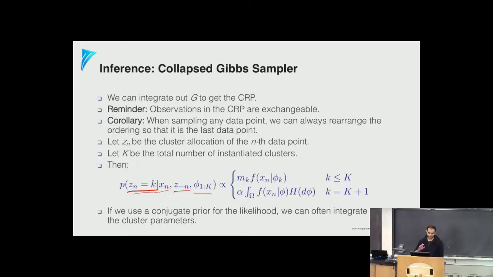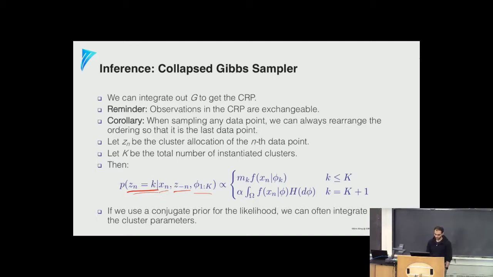Right, so let's say we have our points, x1 to xn, and then we already assigned them somehow to clusters. Now let's pick a random point from there, and since the Chinese restaurant process is exchangeable, we can pick any of the points. It doesn't really matter. So we'll pick that point, and we can recompute the distribution of the assignments to the clusters for this point according to the equation given on the slide.